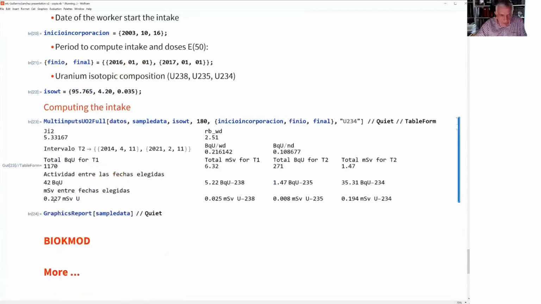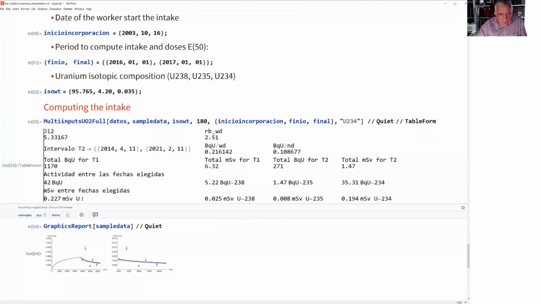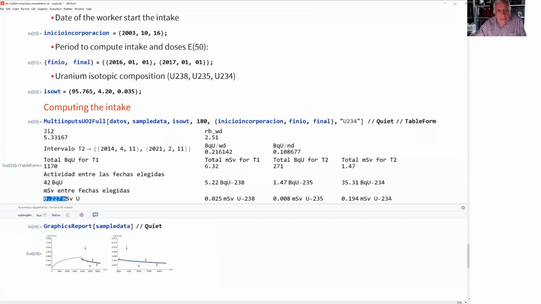Here is the information. This is the most important information. This means that during this year, the worker received a dose. A dose is a measure of the isotope effect.